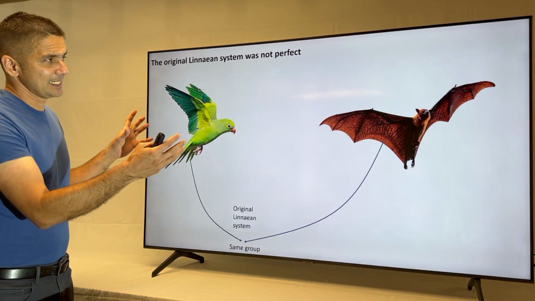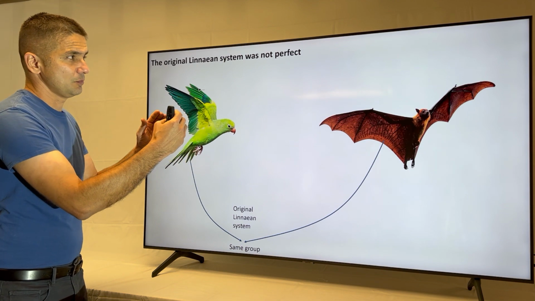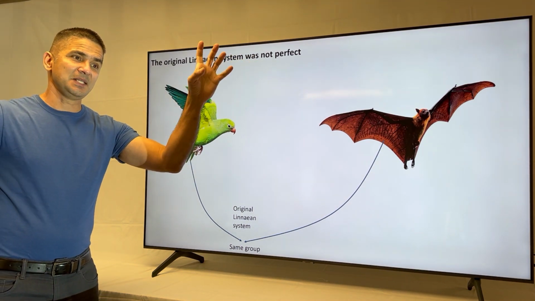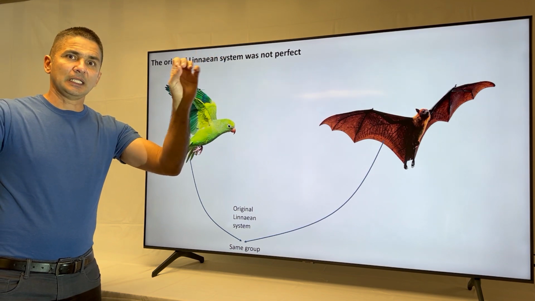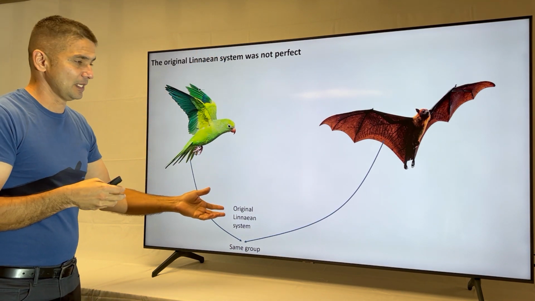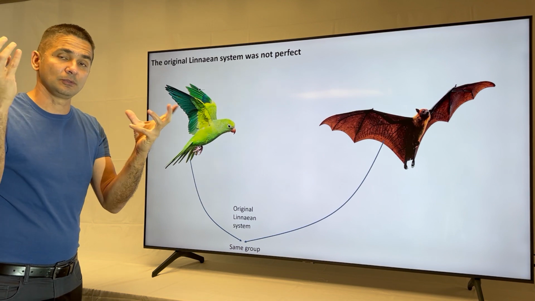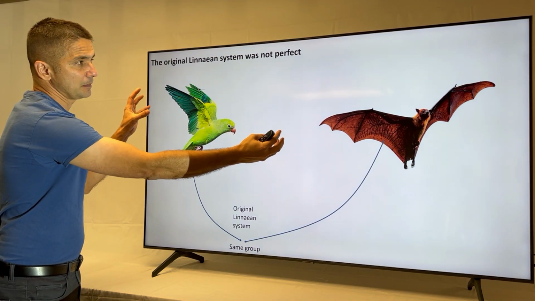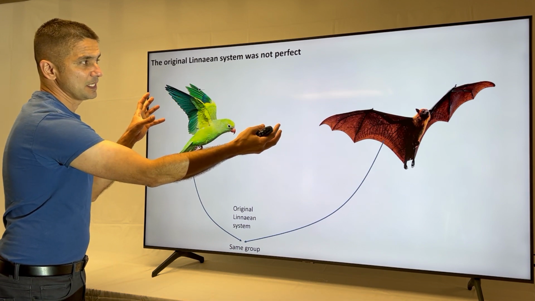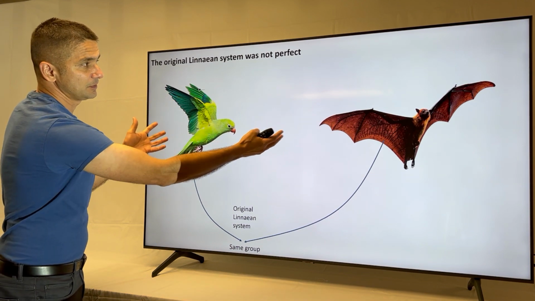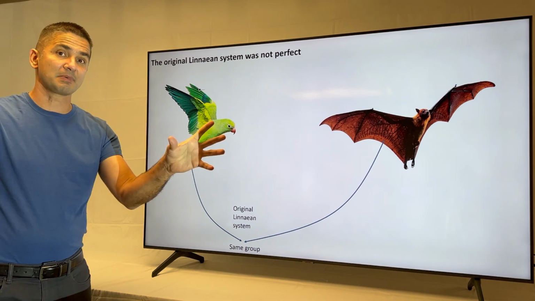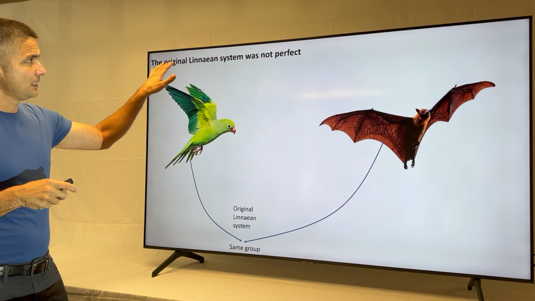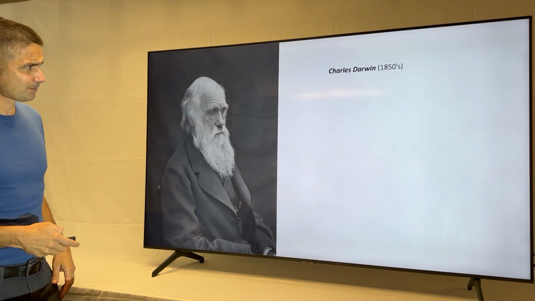This is the idea of what is called convergent evolution, in which species on completely different pathways of evolution end up with similar attributes. Unfortunately for the Linnaeus system, it was very difficult to separate these things, because Linnaeus was basically grouping species depending on how similar those attributes were. In this example, these two species belong to completely different branches of evolution, but they are very similar. That's the reason why the Linnaeus system was not quite perfect.